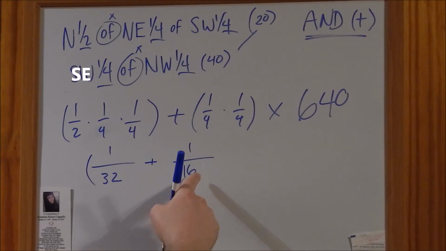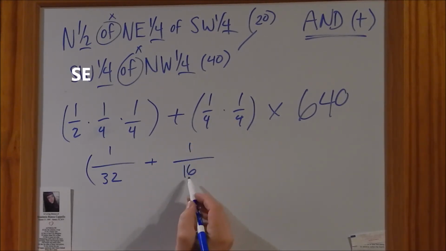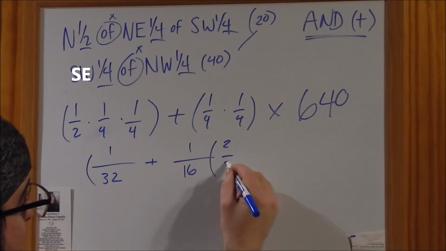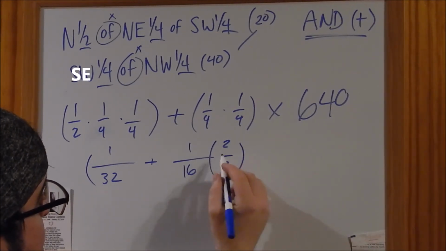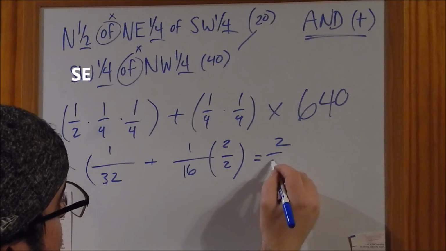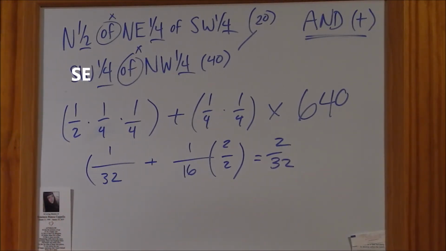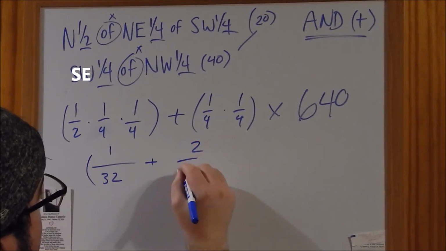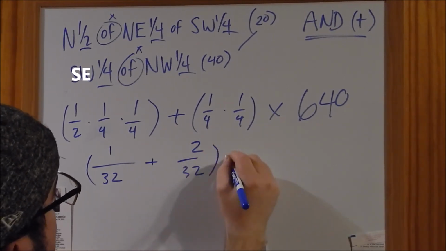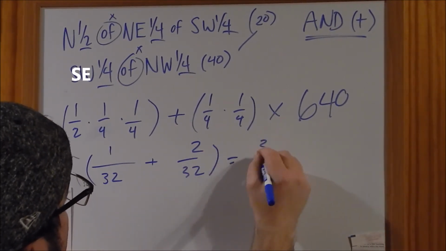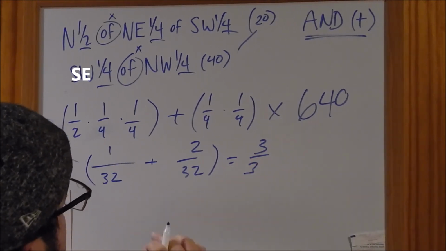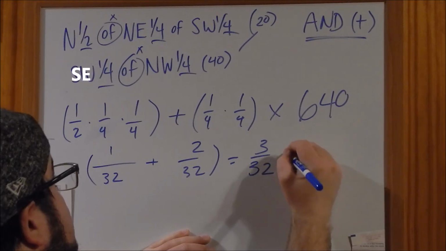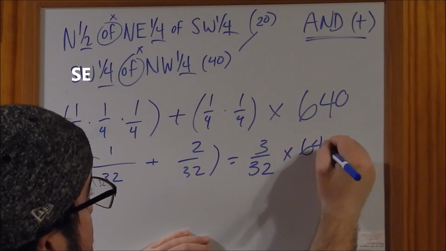In order to turn 16 into 32, we multiply both the top and the bottom by 2 to get 2/32. Remember that, okay? 2/32. And that equals a total of 3/32.